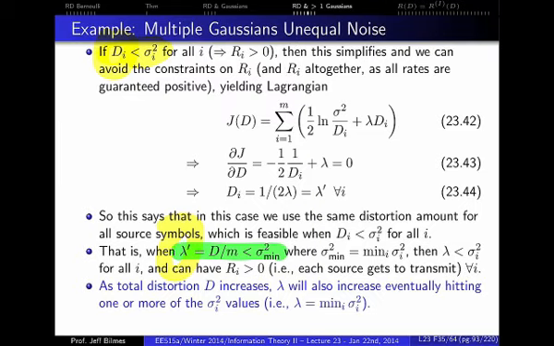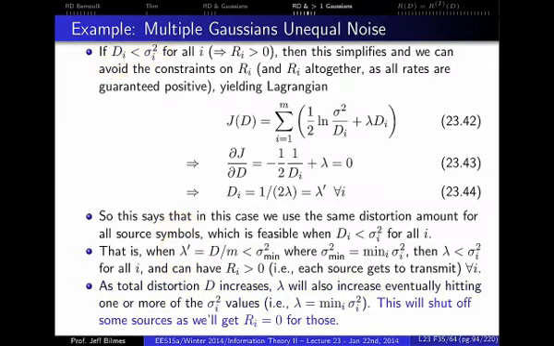So as the distortion gets higher, the lambda gets higher, and the rates turn off. Whenever this lambda value is equal to or bigger than any of the sigma squareds, there's no rate, meaning we're not transmitting. In other words, as the overall distortion increases, the corresponding lambda prime will also increase, eventually hitting one or more of the sigma squared values.